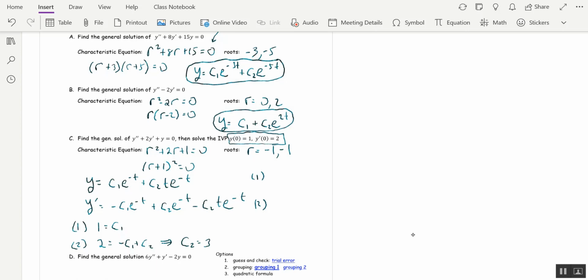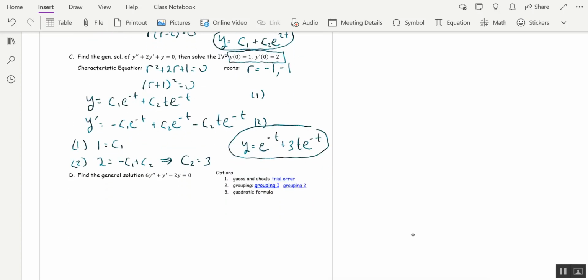So my specific solution to the initial value problem is y equals e to the negative t plus 3t e to the negative t. Piece of cake.